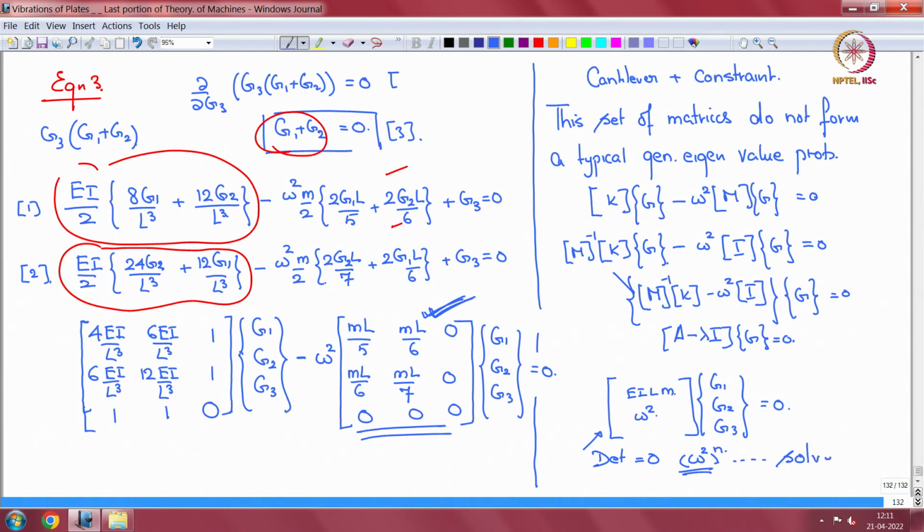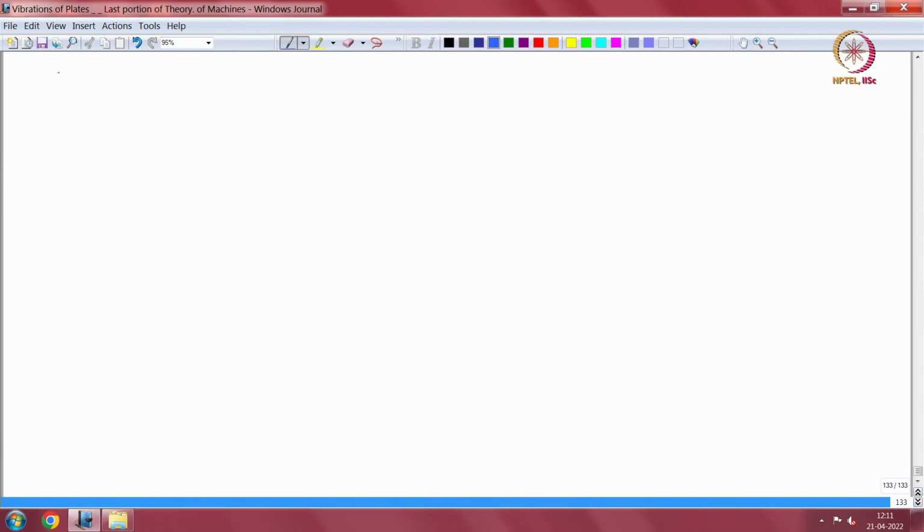Solve for omega square 1, omega square 2 etc. So those, the zeros of the characteristic equation in this case, are the new natural frequencies.